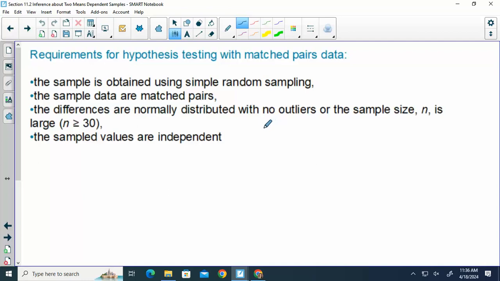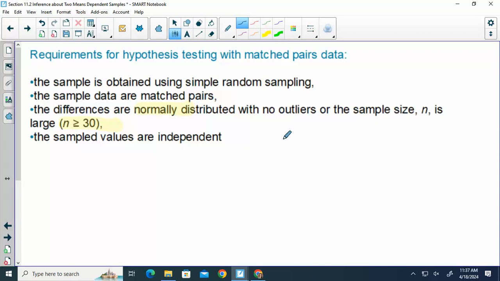Normally distributed with no outliers, or the sample bigger than 30. So that's the big thing. Either it has to be normal already, or I have to have more than 30. And my samples have to be independent. What does it mean to be independent? They're not related. So just because one happens doesn't change the probability of the next one.